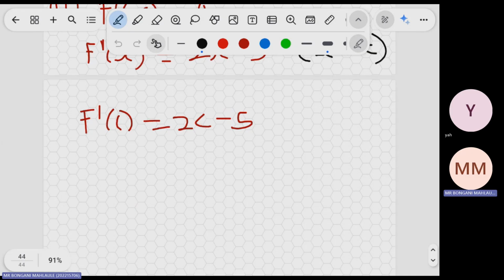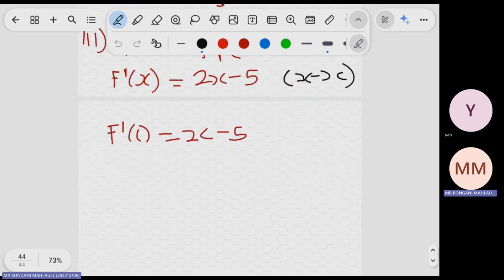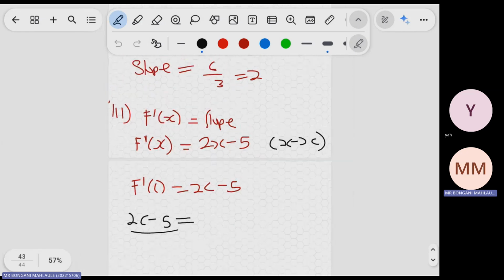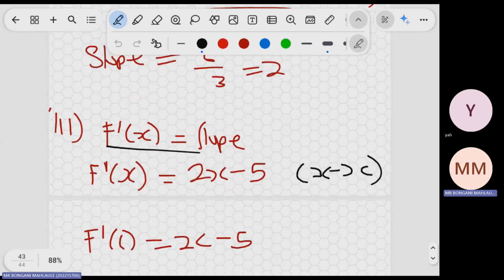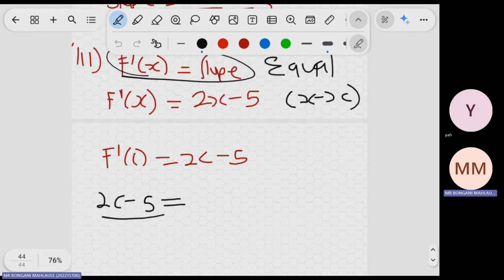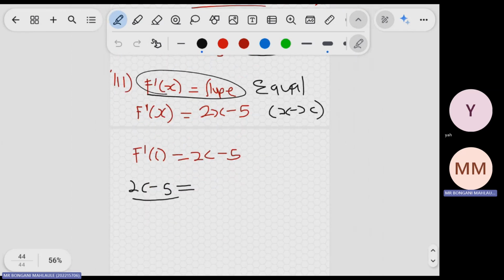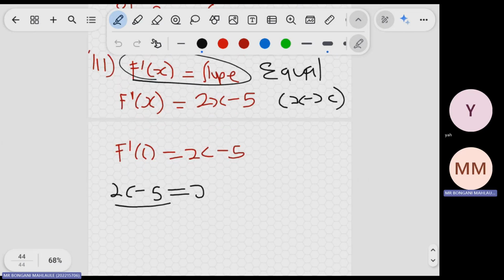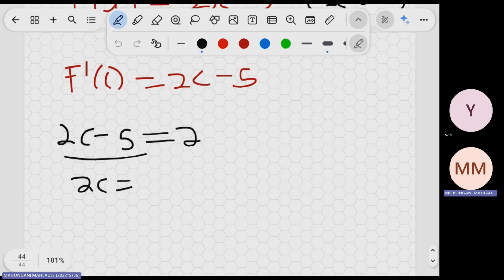So now you equate 2c minus 5, the derivative, with the slope, which we got as 2 here. So it will be 2. Then 2c will be equal to 7.